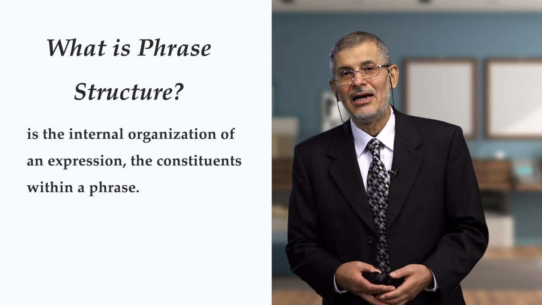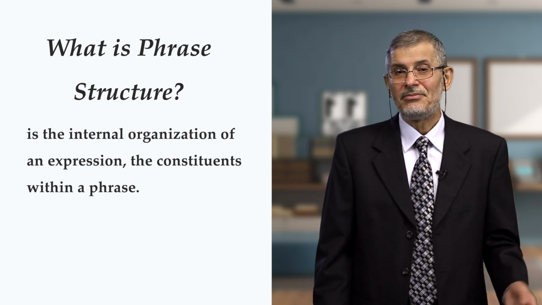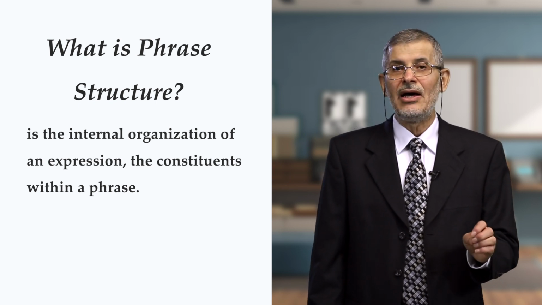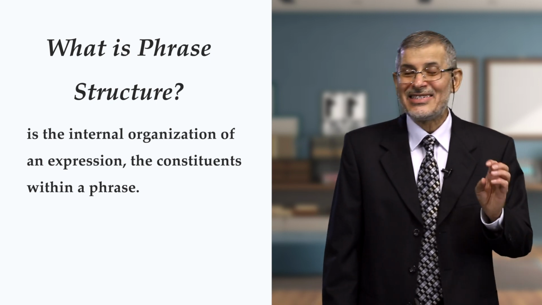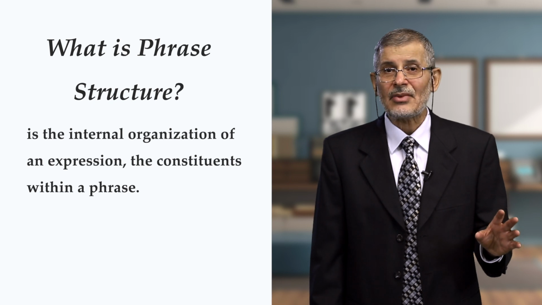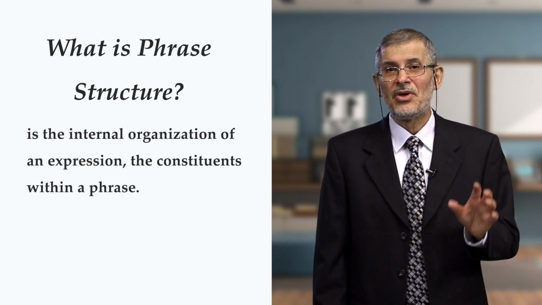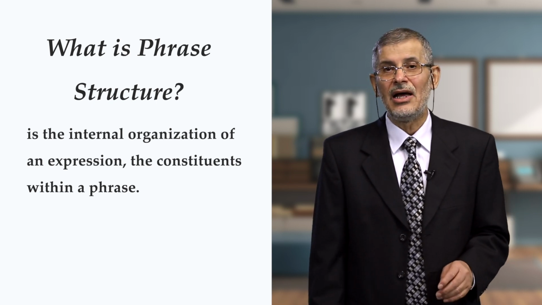So what is a phrase structure? Well, it is the internal organization of an expression. It is the constituents. Remember the constituents that we dealt with in the previous chapter? Well, it is the constituents within a phrase, how these constituents are organized within a phrase.